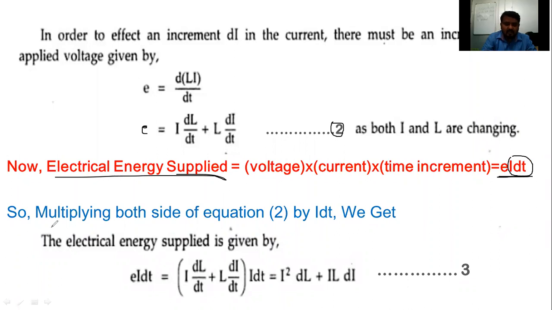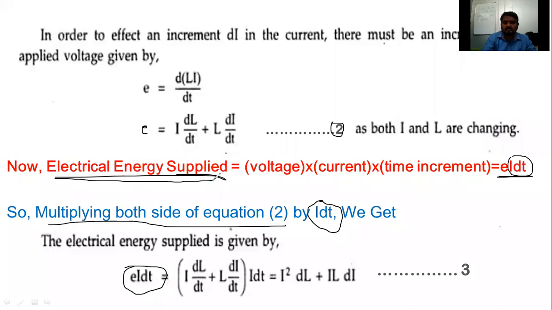For that reason, multiplying both sides of equation 2 by I dt, we get on the LHS E multiplied by I dt, which becomes EIdt. What is EIdt? It is nothing but the electrical energy supplied. Okay, so the LHS is over.